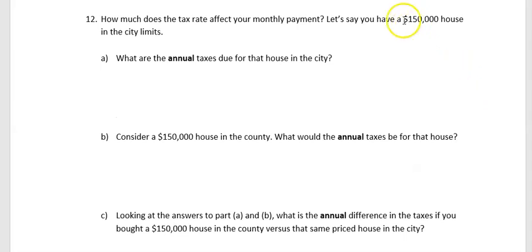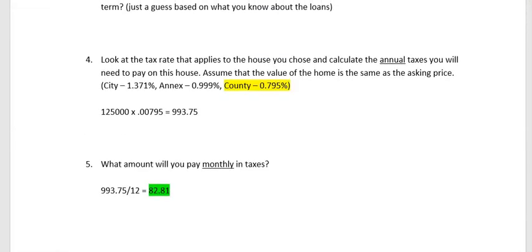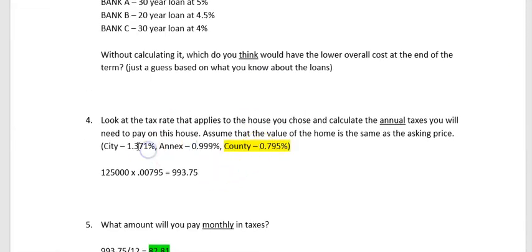If we're looking at this one specific house that's $150,000, how do the taxes compare if you're in the city versus if you're in the county? Just to show you how that percentage difference can make $1,000 of difference over a year or over several years.